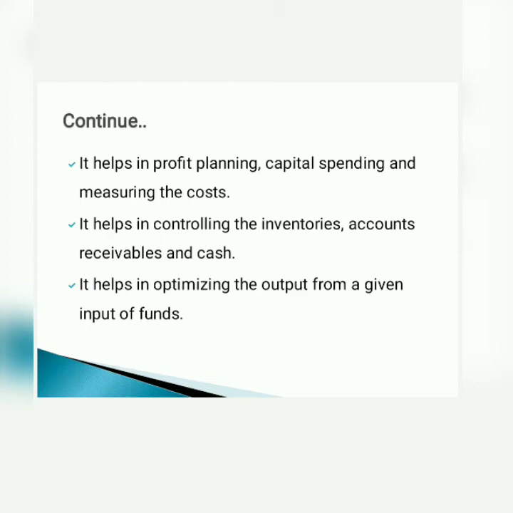Next one, controlling: controlling of inventories, and not only inventories, but accounts receivable and cash. How can it be explained? Regarding controlling of inventories, both periods should be taken into account, pre-production as well as post-production. In pre-production, it should be kept in mind to maintain stock, or otherwise inventories, required for commencing the production work.